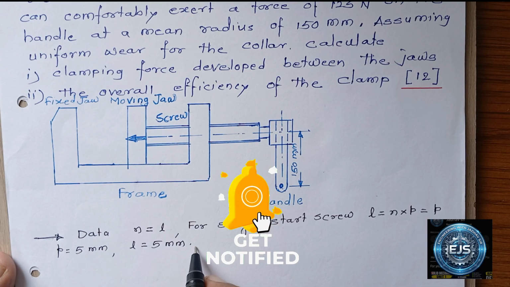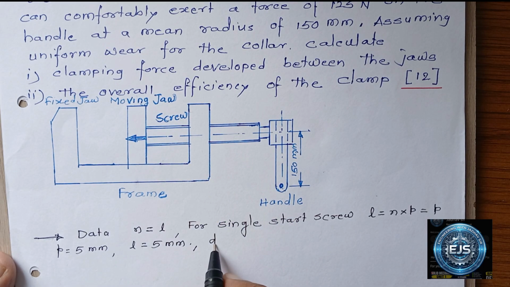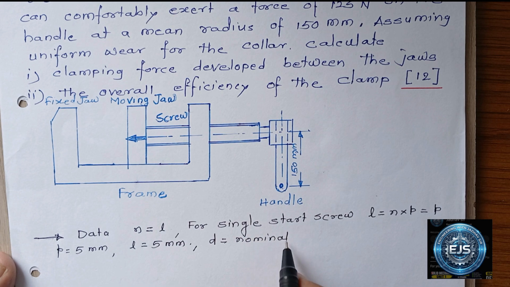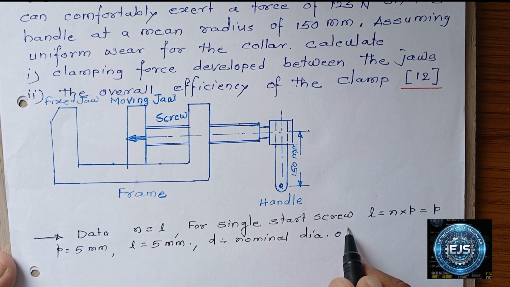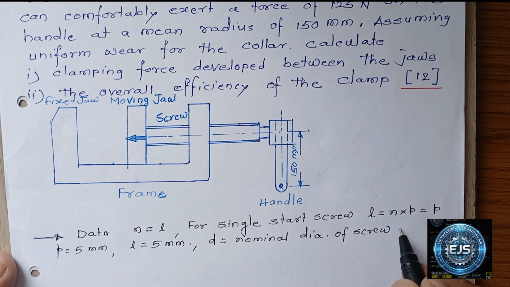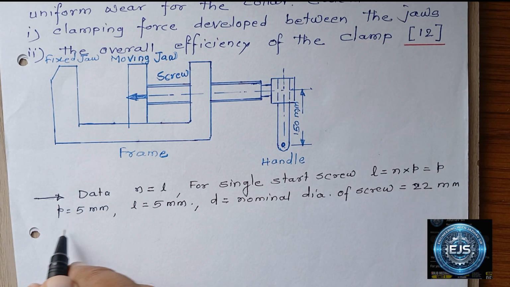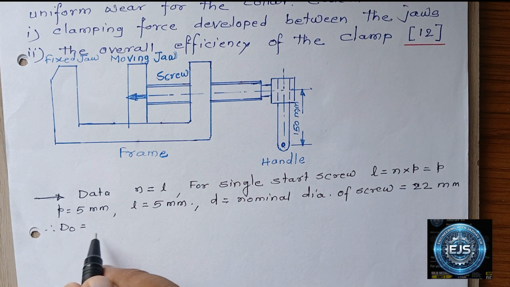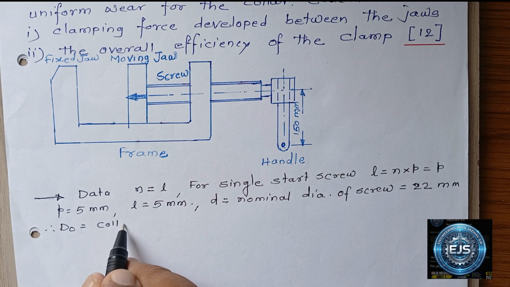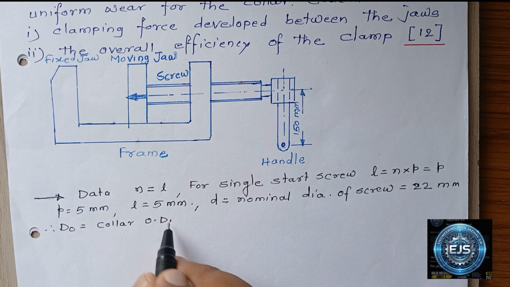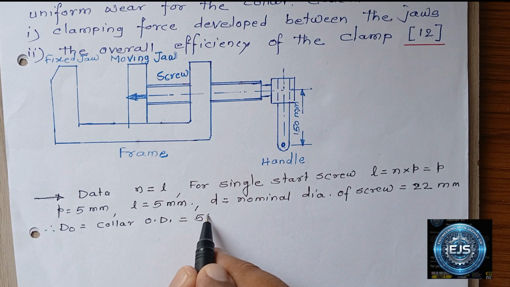So here L is also 5 mm, and the nominal diameter of the screw is denoted as small d. It is given as 22 mm. The nominal diameter is 22 mm, and the pitch is 5 mm. The outer and inner diameters of the collar are given. DO is the collar outer diameter, and DO is given as 55 mm.